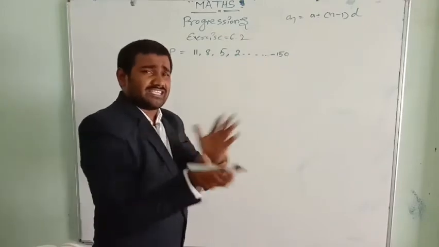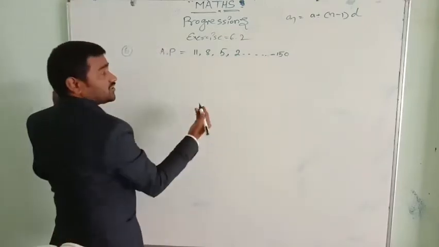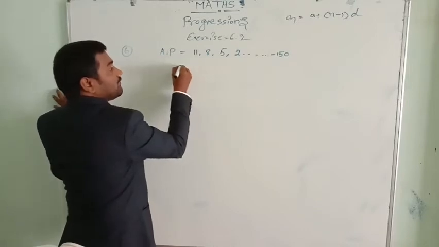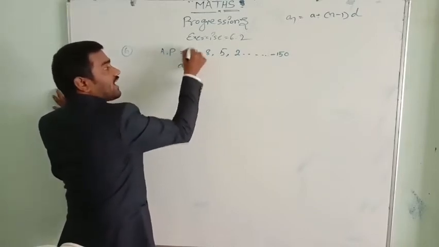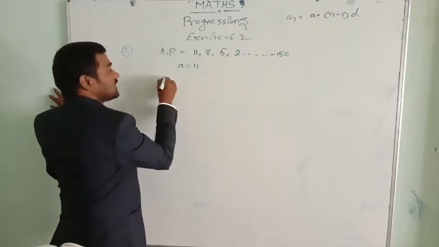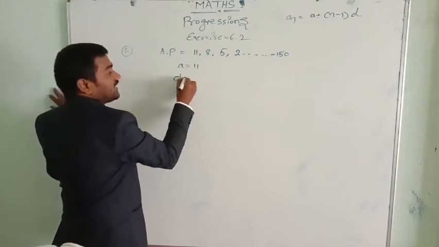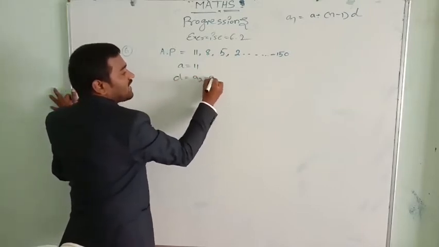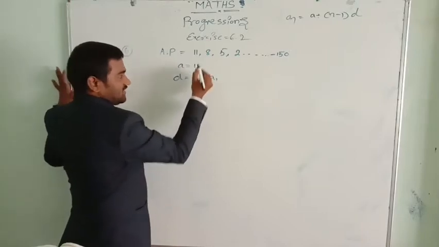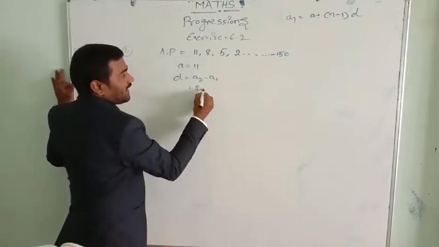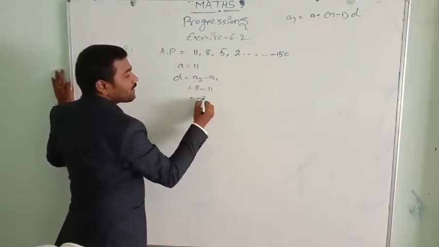So let us do it in the same method we used in the previous 2 questions. Here first term, A, equals what? We have 11. Then the second term; the common difference D we need. D equals A2 minus A1, directly we get minus 3. A2, that is 8 minus 11, equals minus 3.